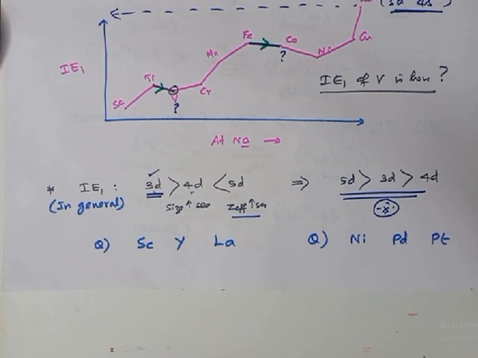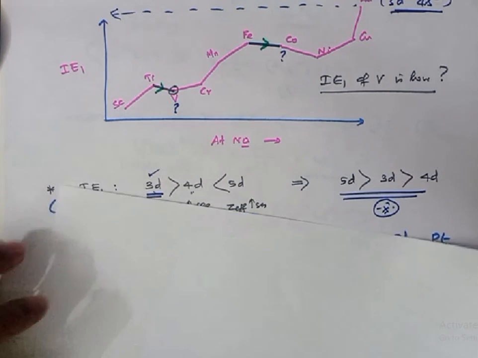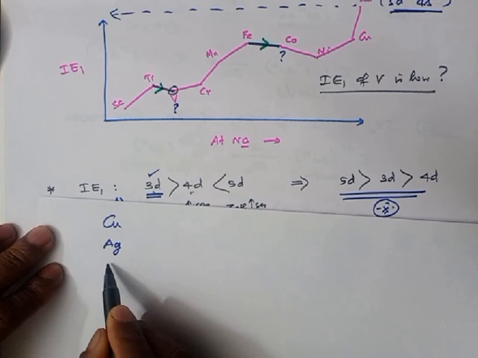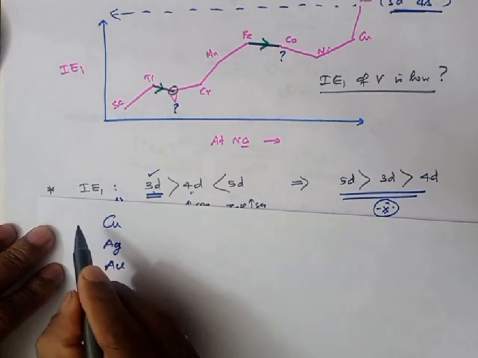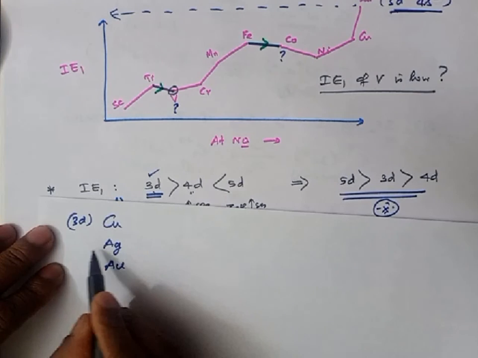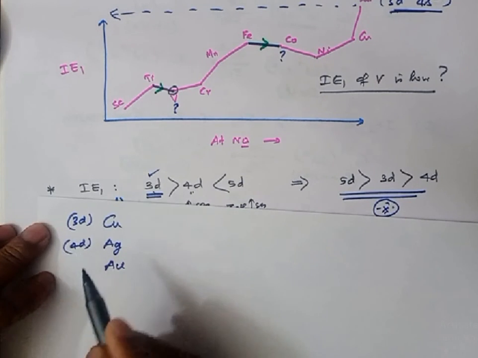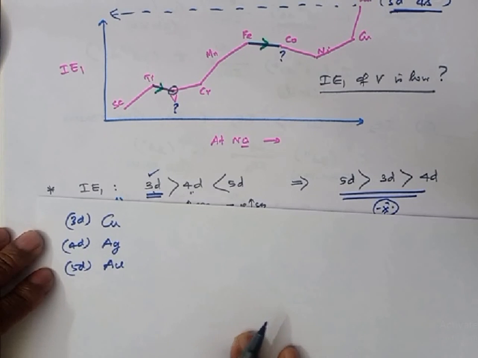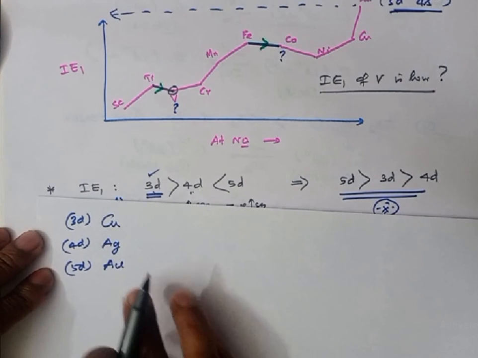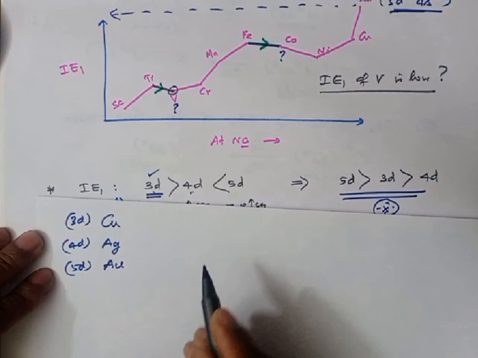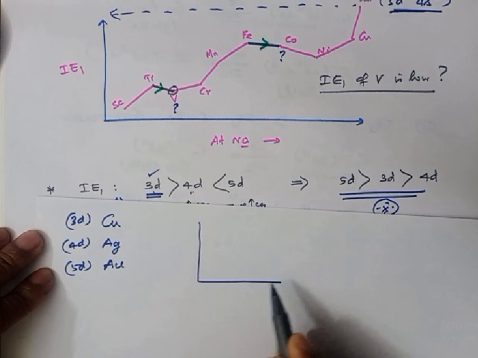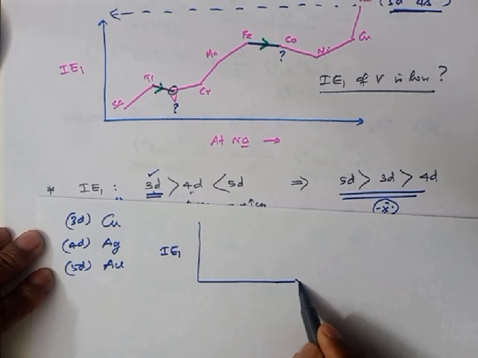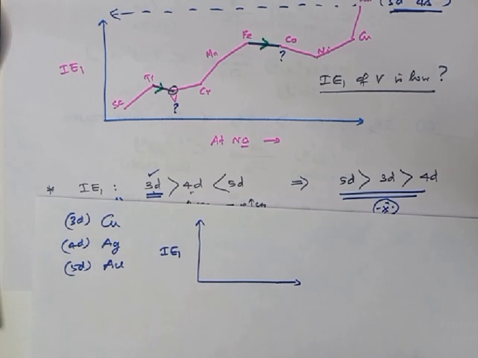I'll give one example here: copper, silver, gold. Copper belongs to the 3d series, silver belongs to the 4d series, and gold belongs to the 5d series. How do the first ionization energies of these elements vary?